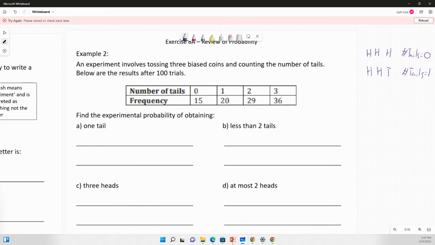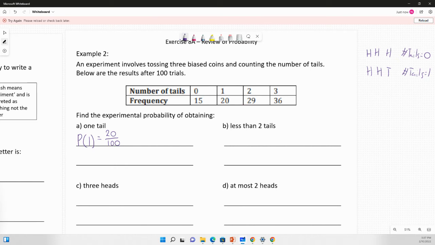This next one here is the number of tails as 1, and they got that 20 times. So the probability of getting a 1, while there were 20 times there was 1 tail, out of a total of 100.